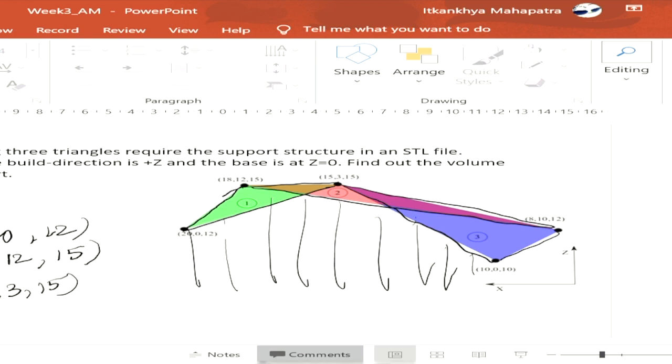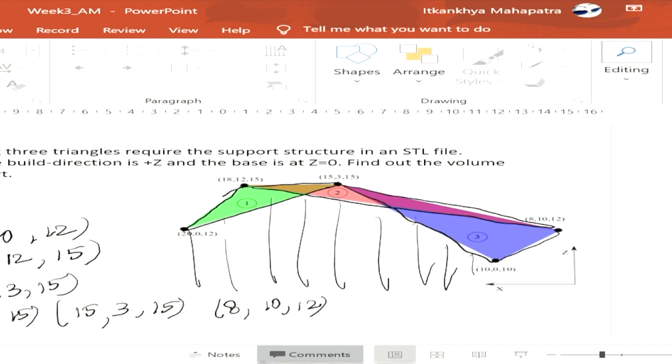Triangle 2, it is 18, 12, 15, 15, 3, 15 and 8, 10, 12.